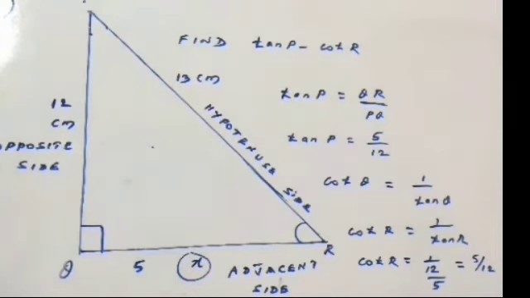Already we got the value of tan P, that is 5 by 12. Cot R is also 5 by 12. Tan P minus cot R we need to determine, that is 5 by 12 minus 5 by 12, which means 0.